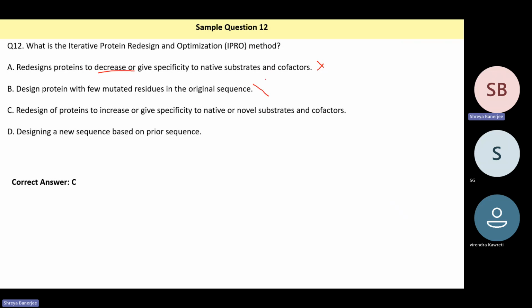Another is also out because it is designing a protein with few mutated residues, that is basically directed mutagenesis. And designing a new sequence based on prior sequences is out, that is the de novo design method. So what is EPRO used for? It is used to increase specificity or to design completely new enzymes. That is option C.